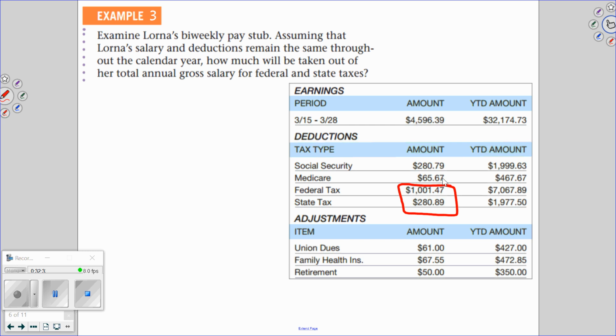We're not all the way through the year yet on her pay stub. So for this pay period, we need to total those up. So right now, altogether from this paycheck, $1,282.36. That's how much has come out this pay period for federal and state taxes combined. Right? This is federal and state.